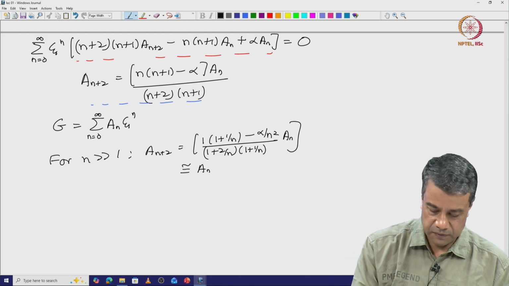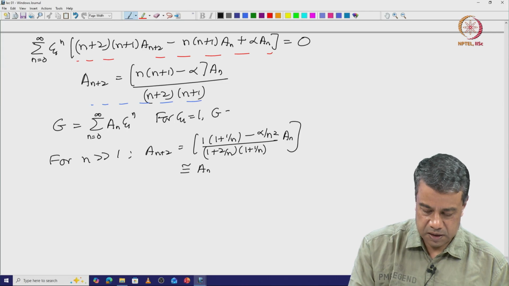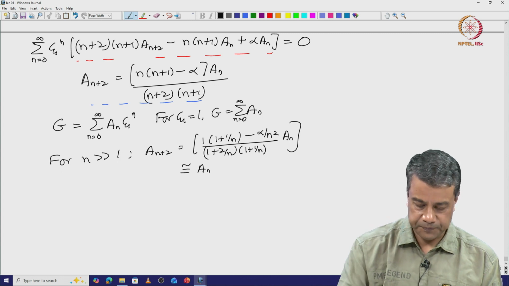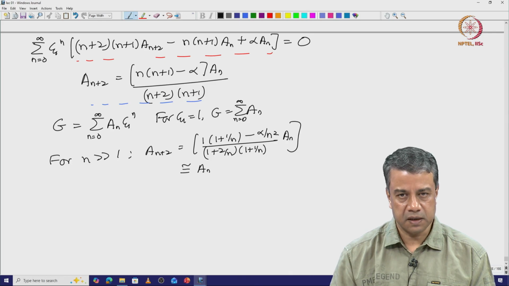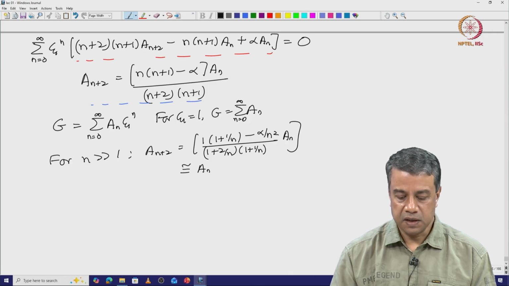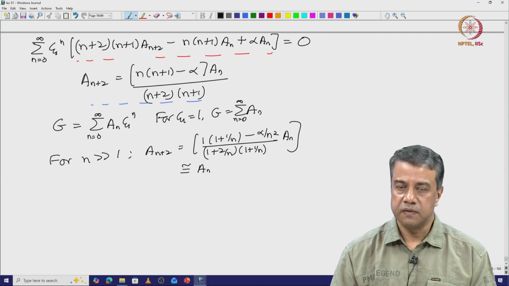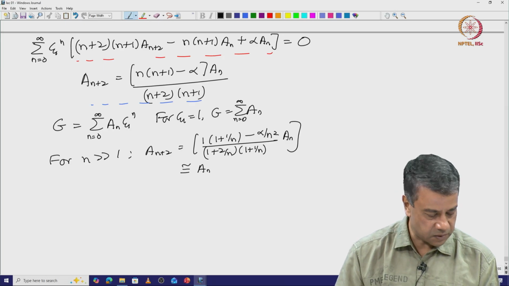For psi equal to 1, g is equal to summation of a n, n equal to 0 to infinity. Since a n plus 2 is approximately equal to a n, for psi equal to 1 this series does not converge.